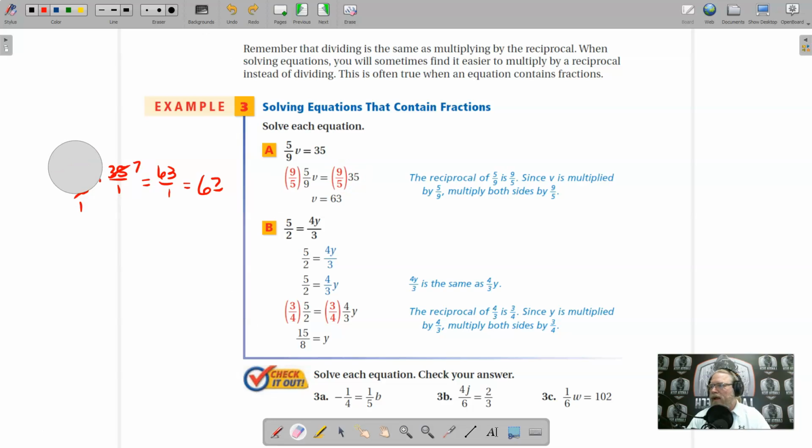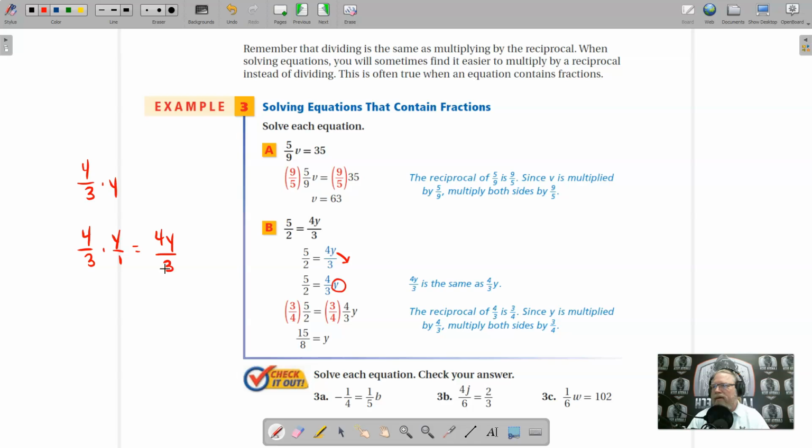All right. Looking at the next problem here for B, we have 5 halves equals 4y over 3. I'm looking at this problem here, and notice how the y just kind of pops out of the numerator and rests over to the side of it. The reason for that is you could have 4 over 3 times y over 1, and then that would be 4y over 3, right?